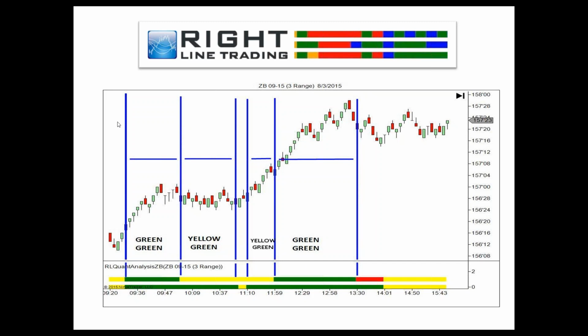So what we did was we created a quant analysis indicator. And that's because there are 3 markets in each line. Now there are 6 correlative markets that we found that correlate with bonds with a correlation coefficient of 0.7 or greater, which means that when bonds go up, these markets also go up or go down at 70% of the time.